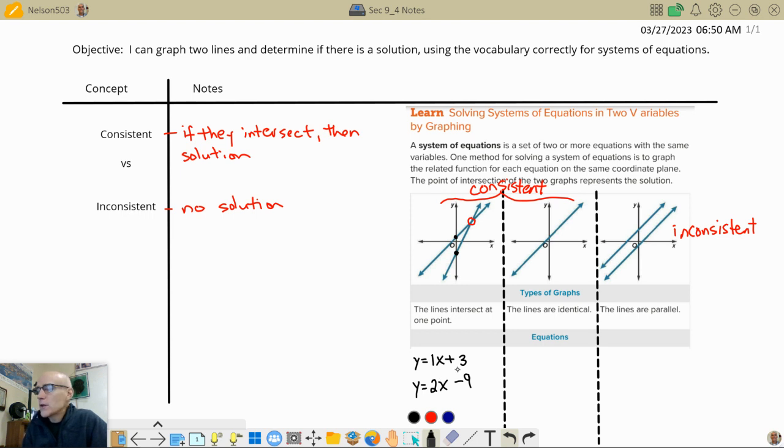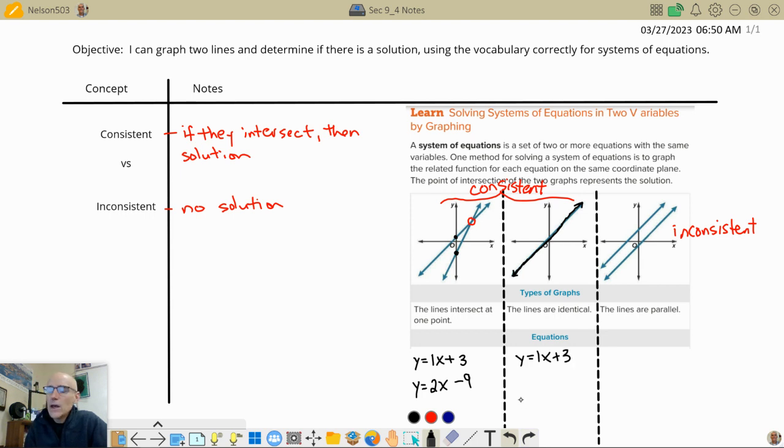Now, here's a tricky situation. You might only see one line here, but that could be two different equations. Well, the same equation that just looks completely different. So let me explain, okay? So this line almost looks the same as that one that we had over here. So I'm going to put down y equals 1x plus 3, okay?